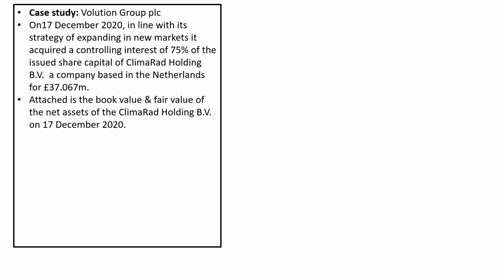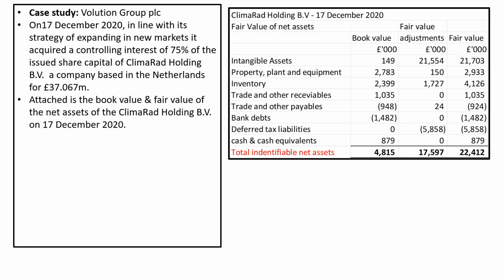Attached is the book value and the fair value of the net assets of this company on the 17th of December. If you look at it, I've highlighted something in red where it shows you the total identifiable net assets, and you have the book value at the date of acquisition, which is £4.815 million.